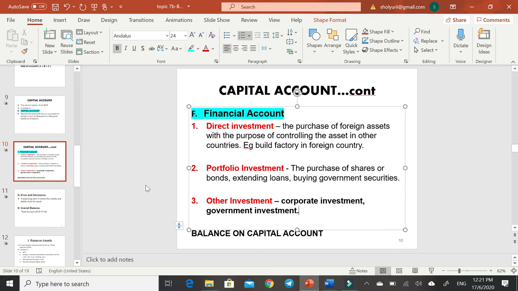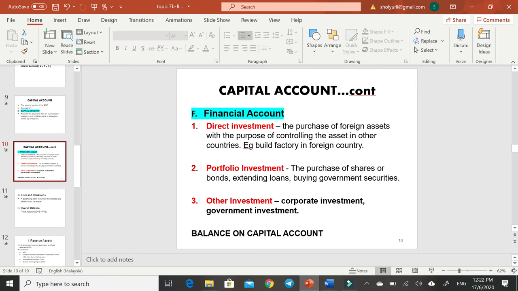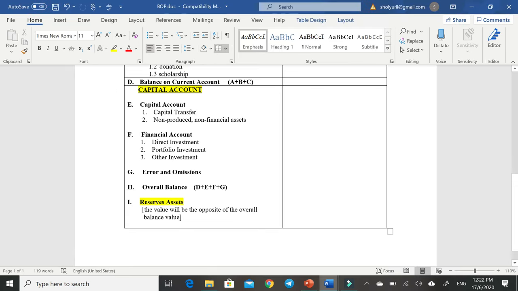Okay, and then if you add the plus minus of capital account and the item plus minus of financial account, you akan dapat the balance on capital account. So tengok soalan nanti dia nak tak balance on capital account. And last part, kita tengok kat sini kalau ada apa-apa tambahan, sama sahaja.